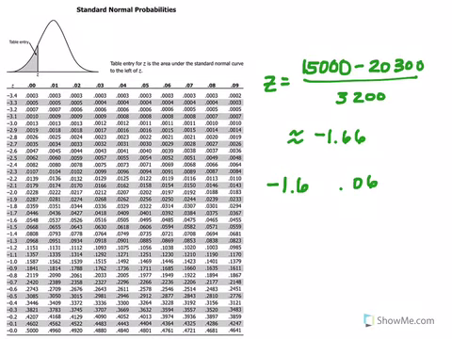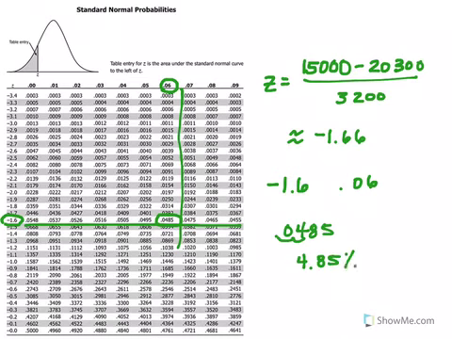So we come over, find negative 1.6 and 0.06, and find that intersection. And we have 0.0485, which as a percentage, you move the decimal two places, 4.85%. So that's on the lower end. So only 4.85% of the time are they going to make less than this.